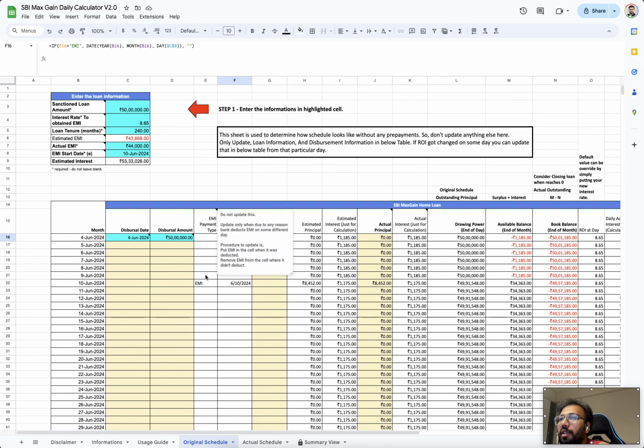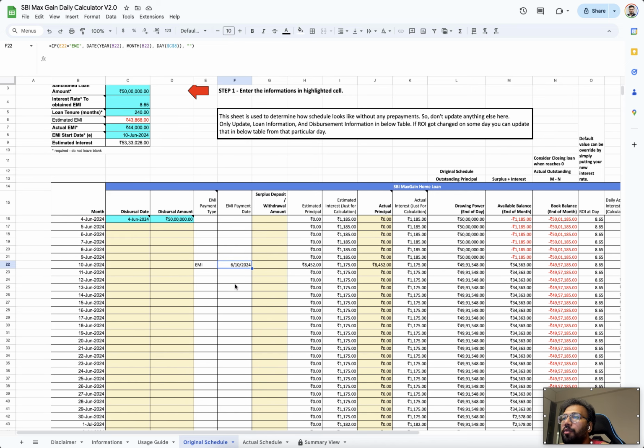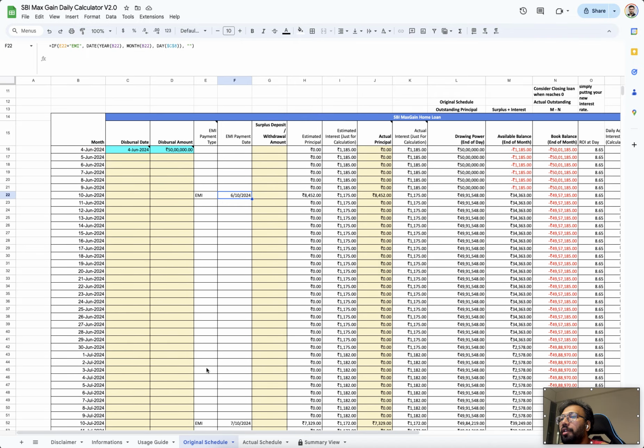So next column is the EMI payment date that is getting populated automatically. Only thing is, sometimes I have observed, due to any reason or in the initial period when your ECS is not completely set up, this EMI gets deducted manually by cheque, right? So it doesn't happen on the exact same day, like on 10th June.